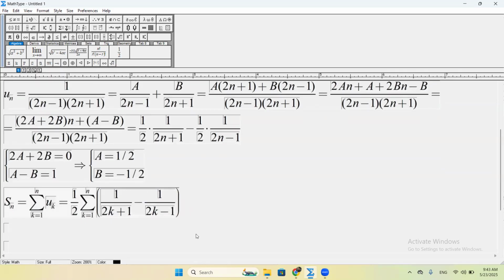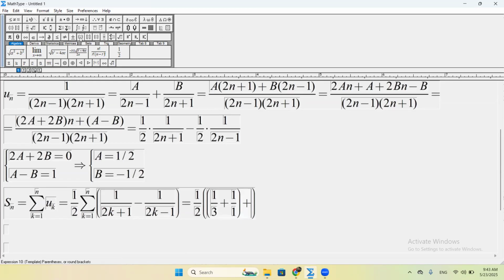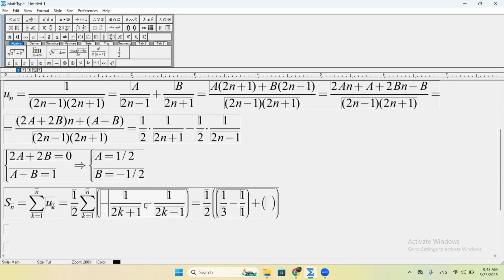So having the following sum, now writing it in a more detailed way, substituting k equal to 1. Stop. Here will be minus, and here plus.